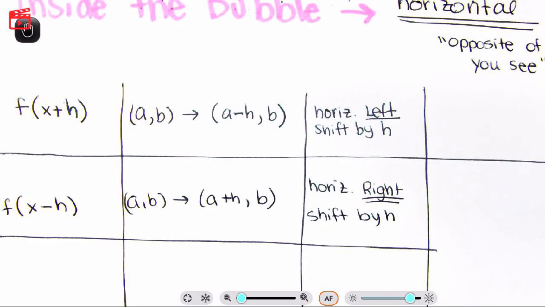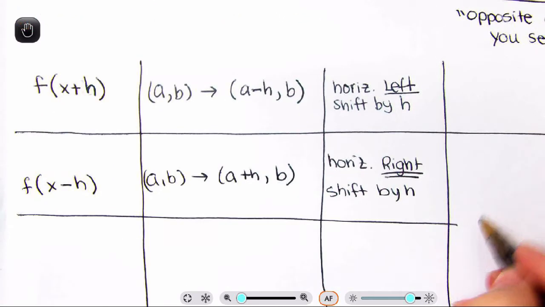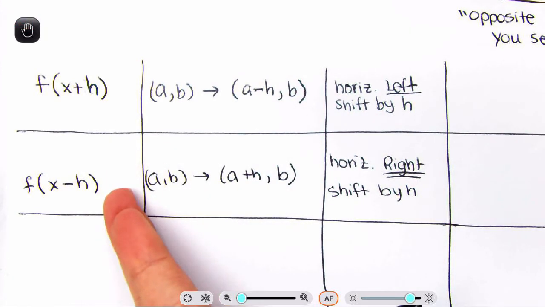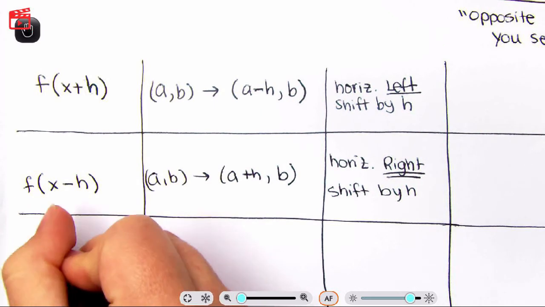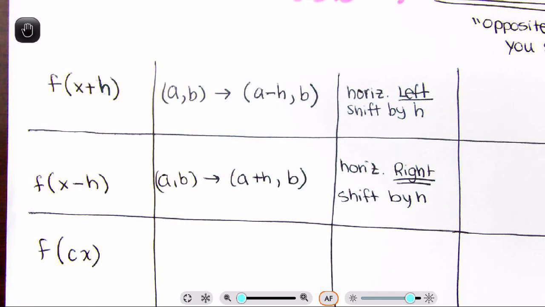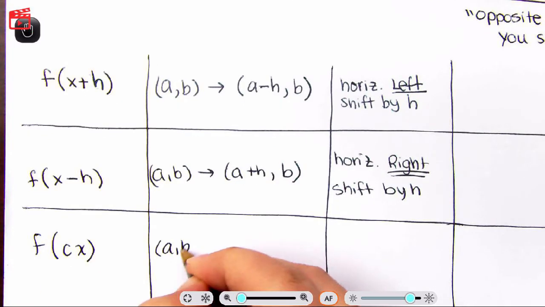Okay, so I'll do some examples at the end here. I just want to make sure to list them out. So inside the bubble, inside plus h, inside minus h, again, think opposite. Now we're doing the inside multiplication. So again, think opposite. If this is multiplying x, what is the opposite of multiplying x?